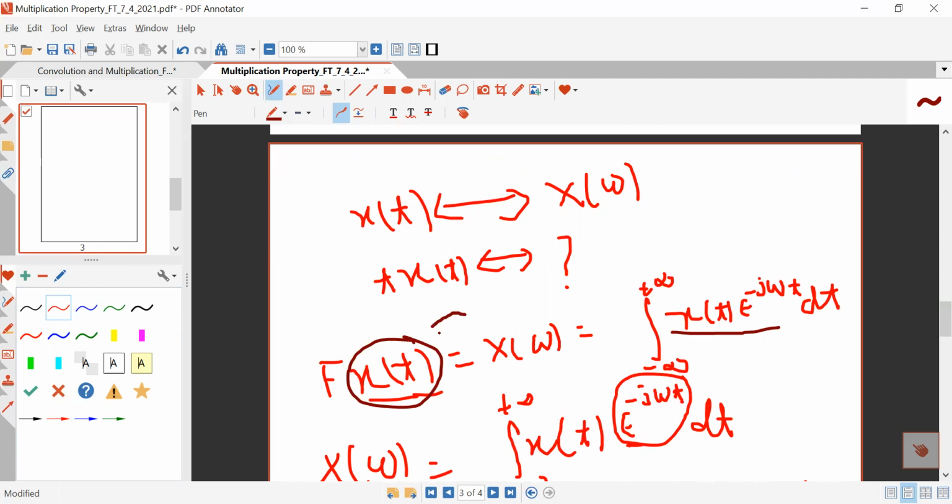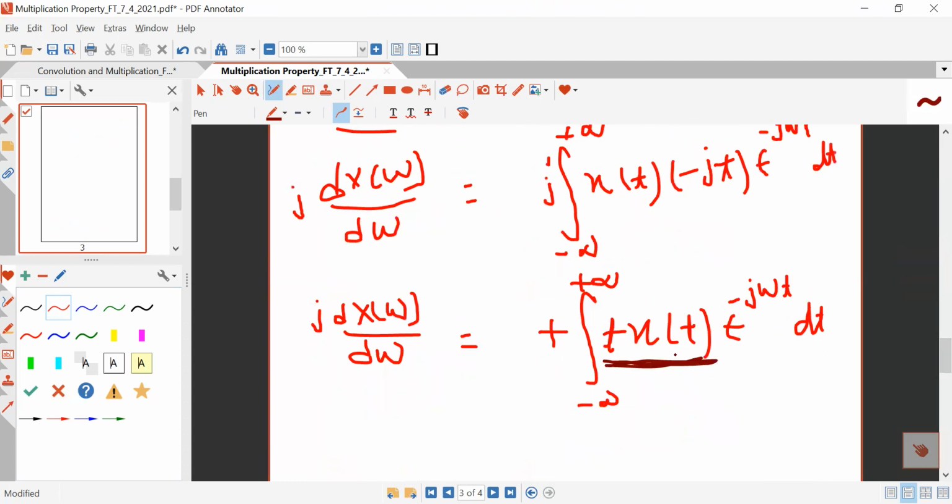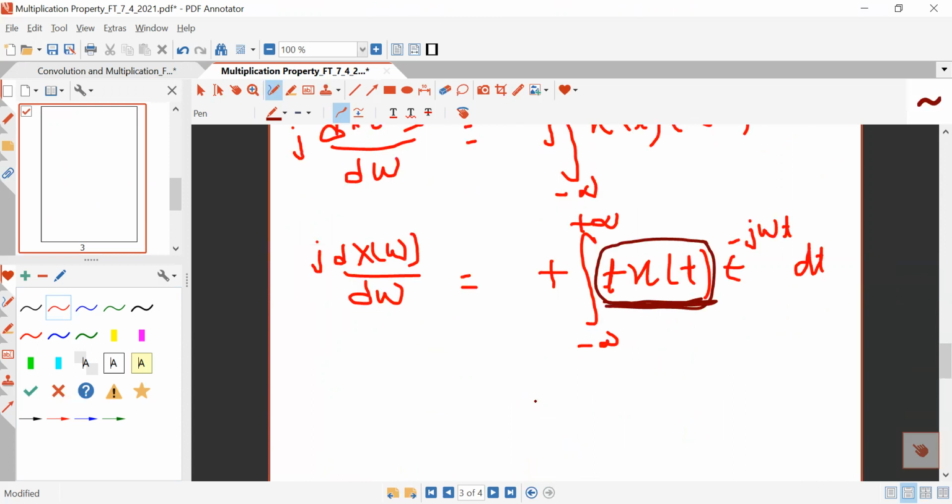If you want to determine the Fourier transform of t x(t), then the term here will be t x(t). So you can see the term t x(t) is existing in place of x(t). So you can say this is the Fourier transform of t x(t).